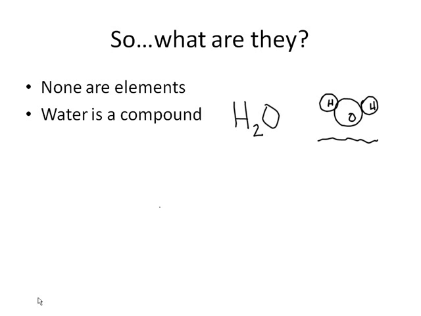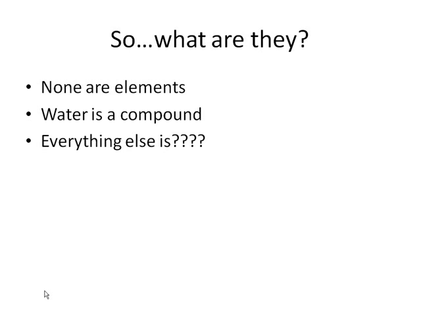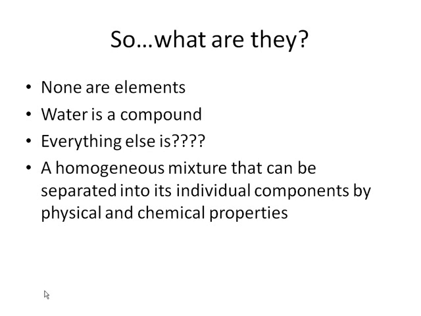So let's think about these other ones. Everything else is a homogeneous mixture that can be separated into its individual components by physical and chemical properties. Now, if you happen to have vinegar in your home or hydrogen peroxide in your home or shampoo or contact lens solution or vodka, you can pull out that bottle of whatever it is and look at the ingredients, and it will tell you.